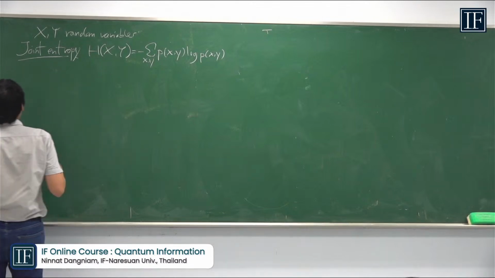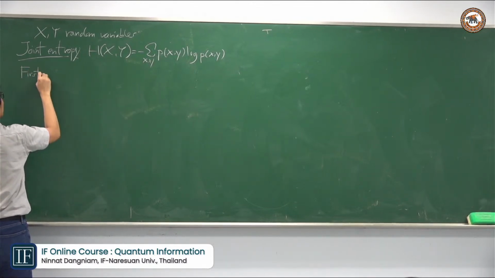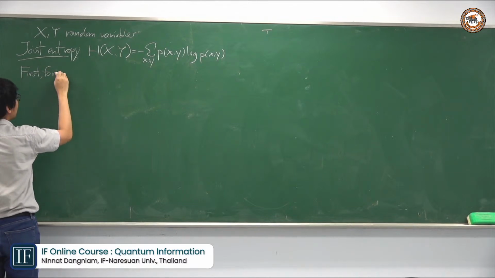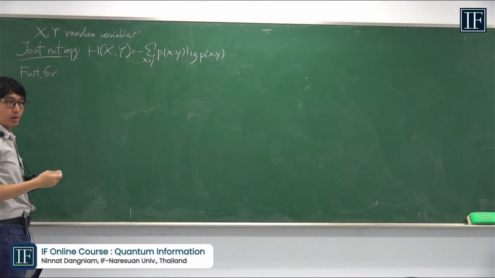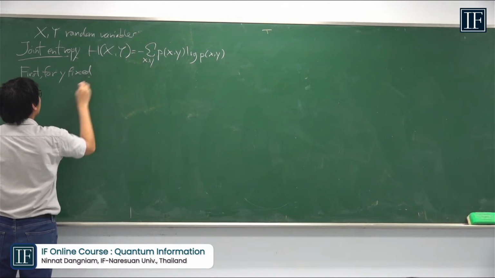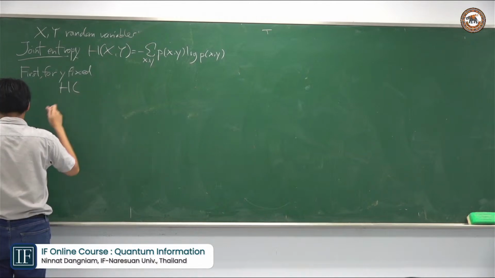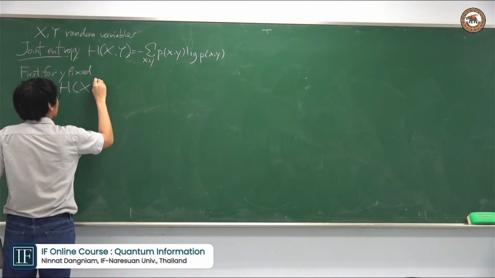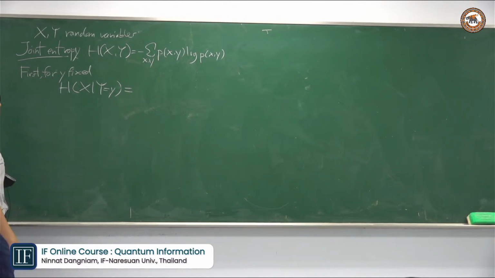So to define a conditional entropy, first, say if I want to think about the probability of X conditioned on Y, let's say for Y fixed, I can define this kind of entropy using the conditional probability, right?